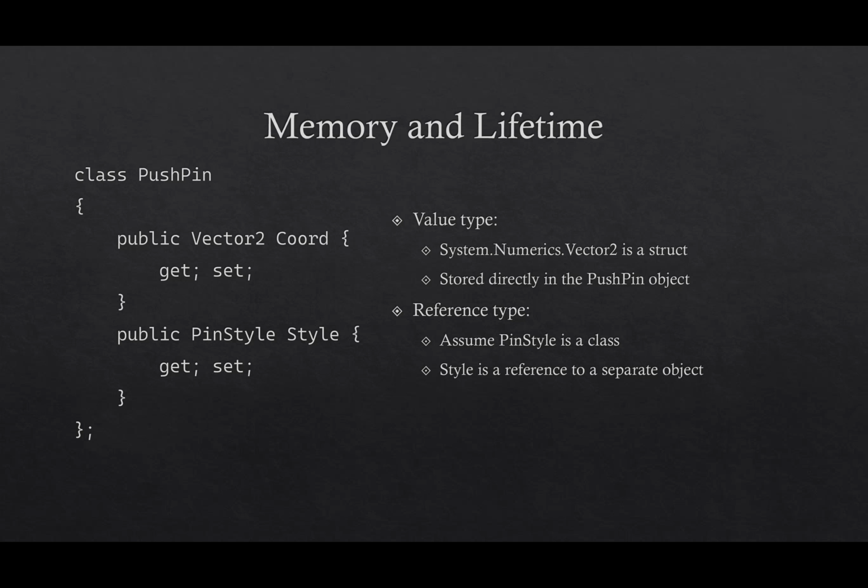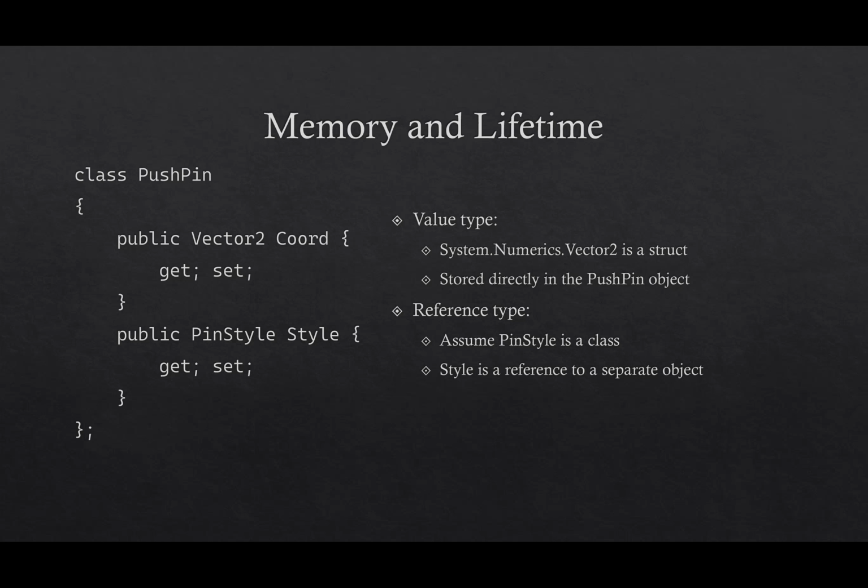So maybe it has the color and the type of pin head, whatever. I'm just assuming pin style is a class here, and vector2 is actually a struct in the .NET framework, in the system numerics namespace. It just consists of an x and a y coordinate. So coord, in short, is a value type, and style is a reference type.